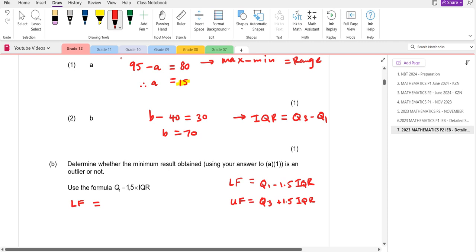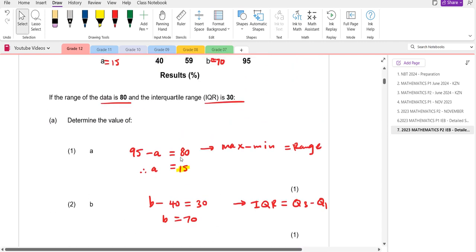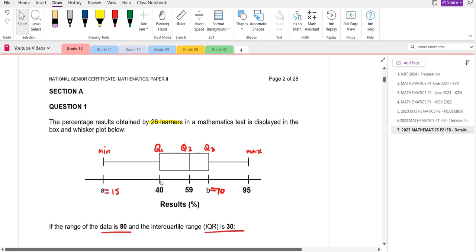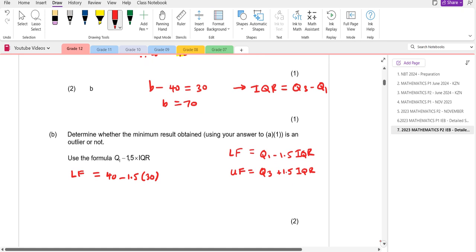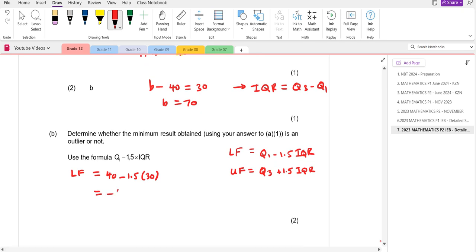Q1, what was Q1? Q1 is 40, and we're minusing 1.5 IQR. IQR was 30, right? So 1.5 times 30 is going to give me 45. 40 minus 45 is negative 5.